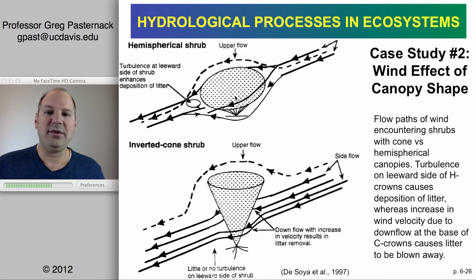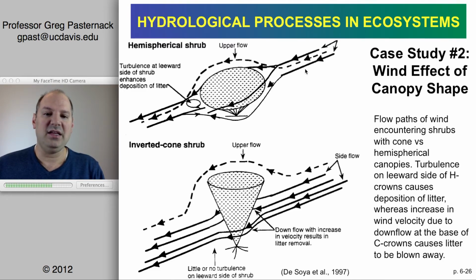On the other hand, with the hemisphere, the top of that canopy is large enough that it can create a zone on the back side, what we call the lee side, under which there is an area where there's relatively little wind that hits that. And so the air over the top does not reconnect, and it creates a pocket in there, what we call an eddy.